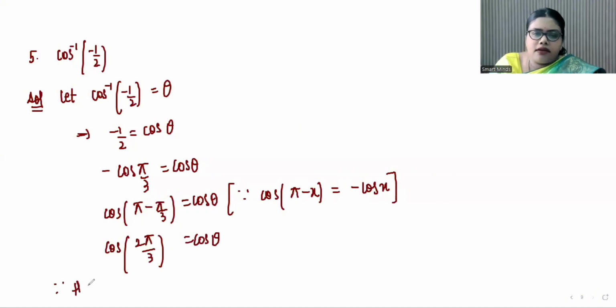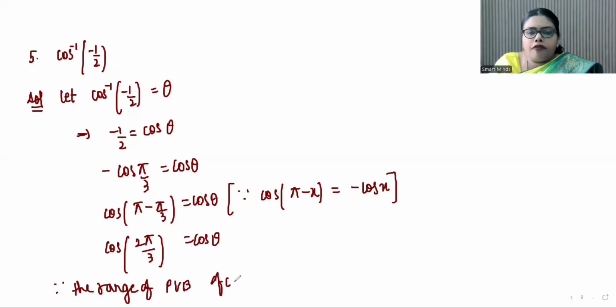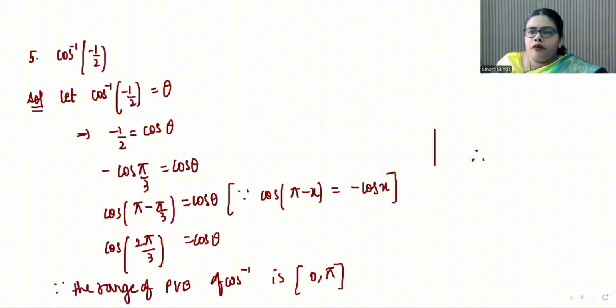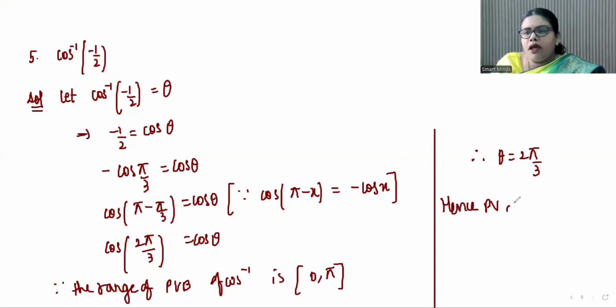Now, since the range of principal value branch of cos inverse is closed interval 0 to pi, therefore we can say theta is equal to 2 pi by 3. 2 pi by 3 is 120 degrees. Hence, principal value of cos inverse of minus 1 by 2 is 2 pi by 3.